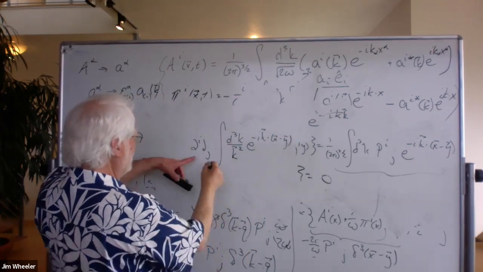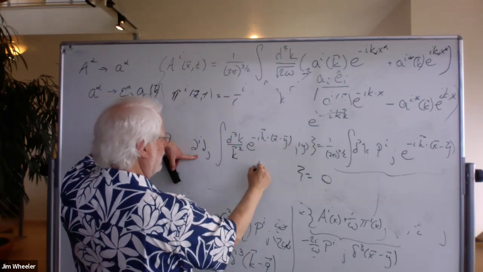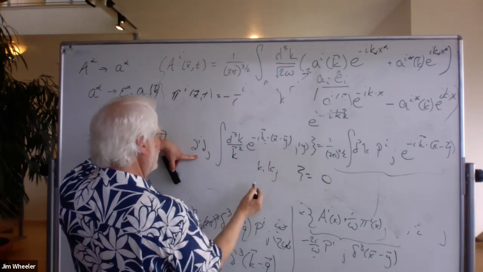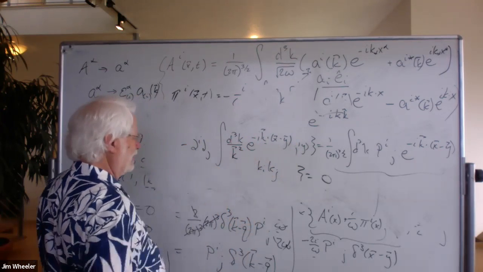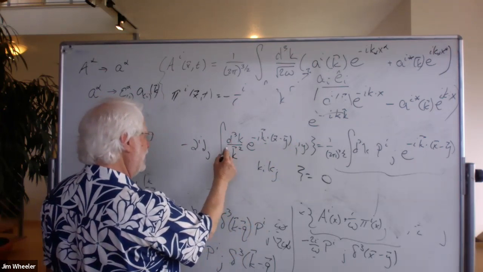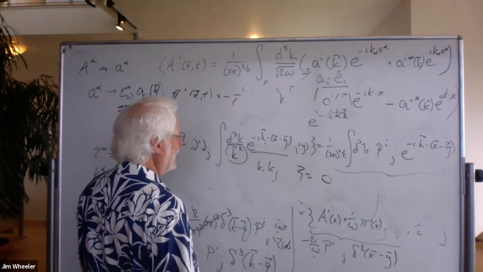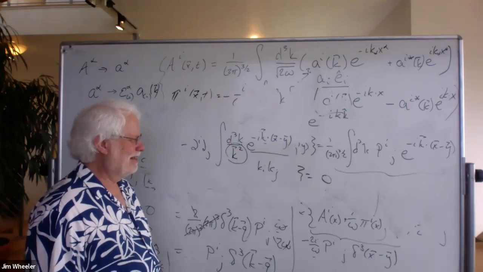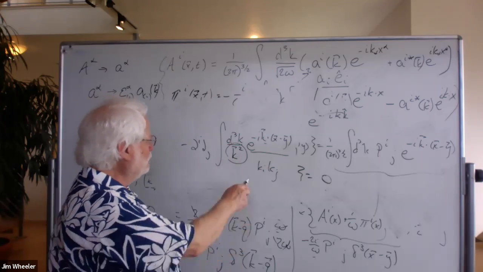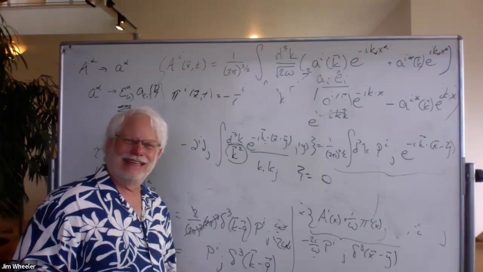So two x derivatives pulls down ki kj here. The minus sign, okay, so the i squared is going to go away with that. But now you're still not getting exactly a delta function here. It's got this funny normalization. I don't know what that integral is offhand.